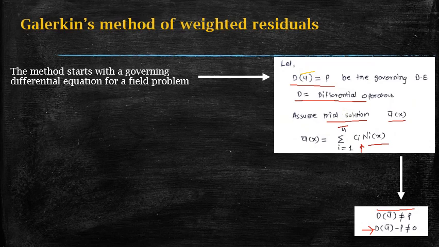Whatever error is left is termed a residual, and it is denoted here by Rd of x. That is called a residual, which is basically an error, since this u bar is not our exact solution.